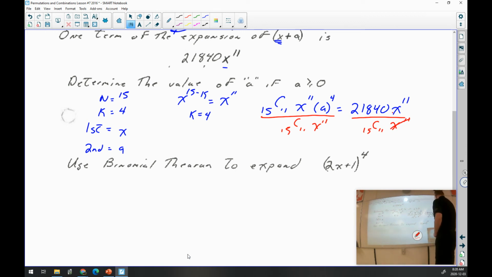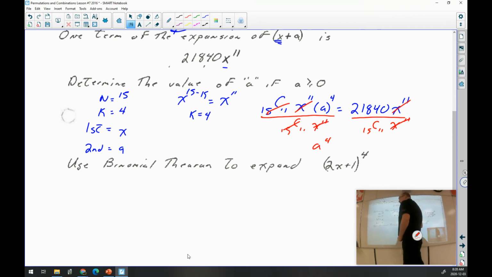As we can see, the x to the 11th crosses off. So we have a to the 4, and now I'm just going to grab my calculator and do 21,840 divided by 15 choose 11. This works out to be a to the 4 is equal to 16.